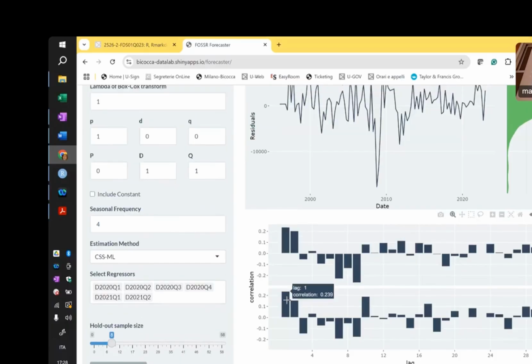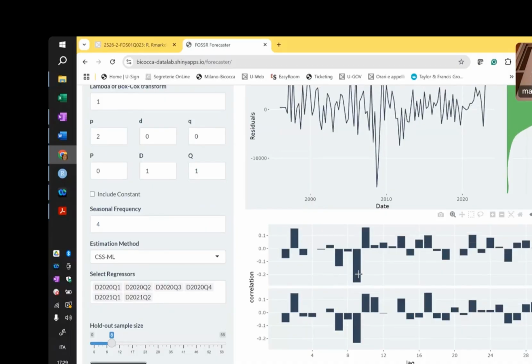Maybe here we could increase the number of autoregressive lags on the seasonal part. I don't know. There is something strange here. I mean, we already put the MA part.